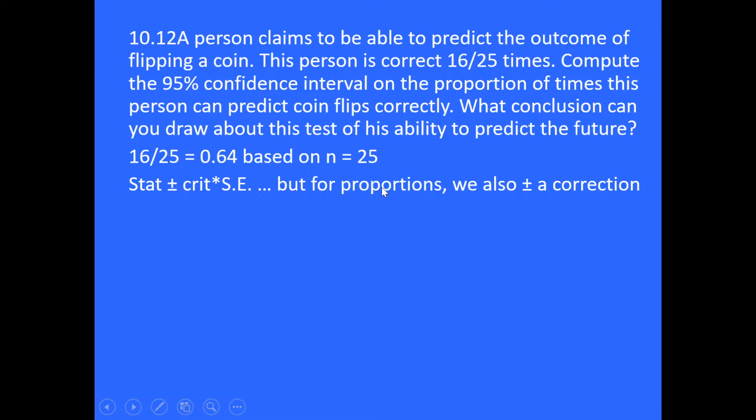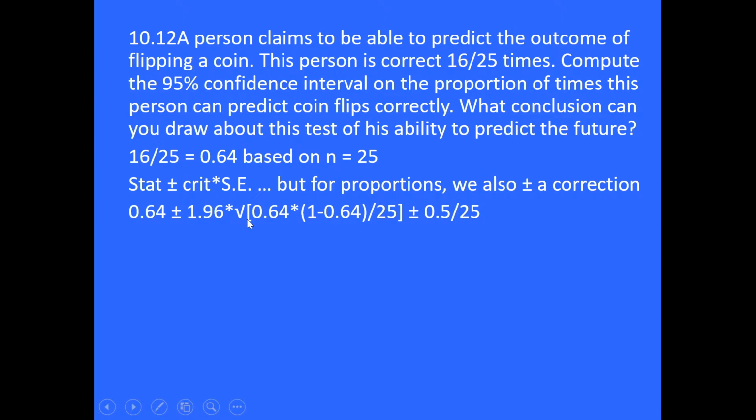The other thing that makes proportions a little different is that we have to add and subtract a correction because they're prone to the same kinds of errors that we saw in other normal approximations of binomials. This data definitely has a binomial distribution, but you can't use the binomial distribution to generate a confidence interval, so we have to use this formula.